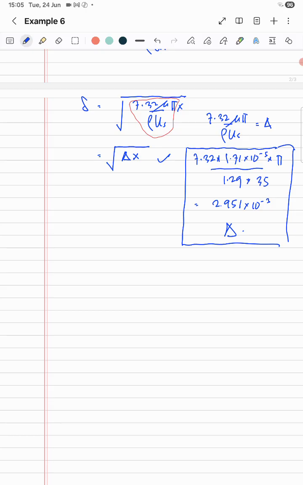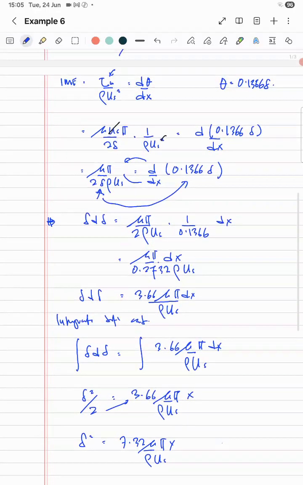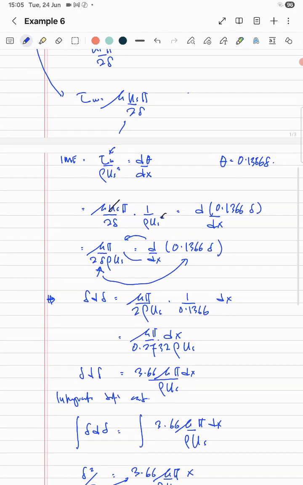So this is the square root, basically we can write it as a x to the power of 1 over 2. Remember that we have the equation for the shear wall.